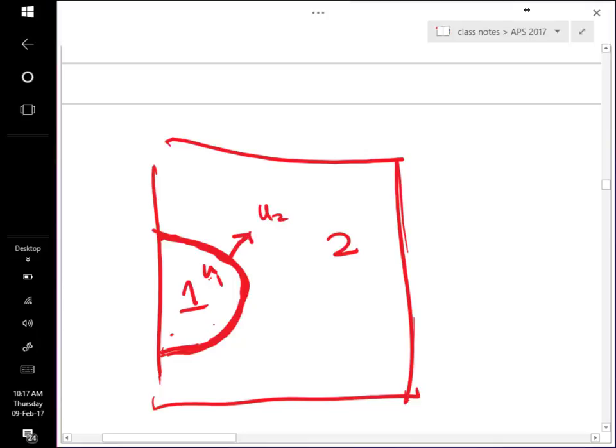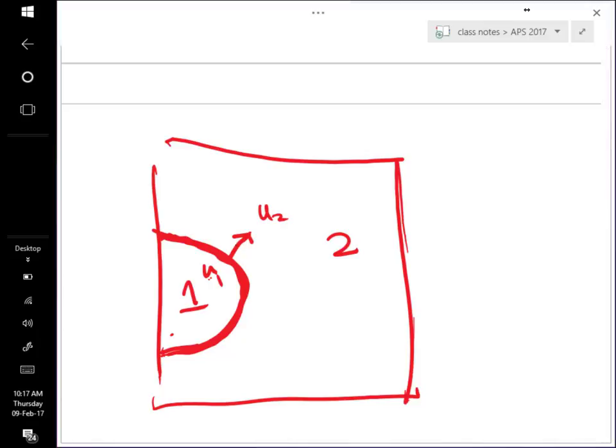Okay, so we're going to have to track the interface, and there are a couple of ways of doing it. We could say, okay, this is the initial position of the interface. We know what the velocity is, and so then we can integrate that and determine what the location of the interface is at the next time step.